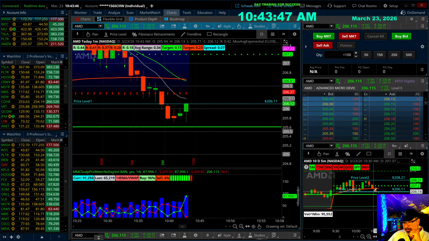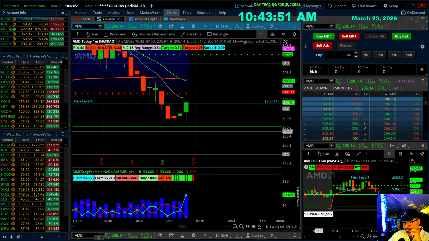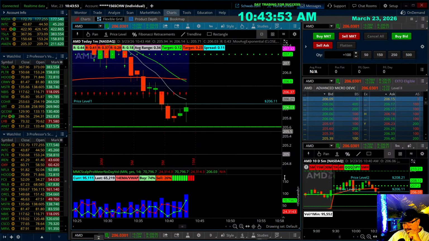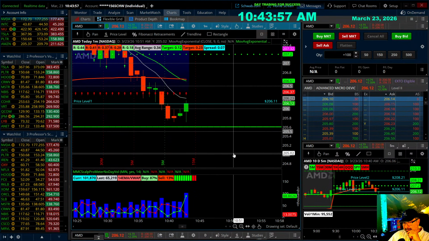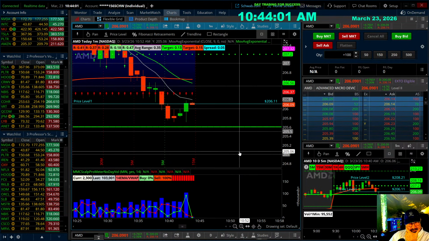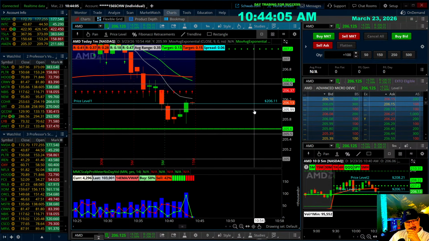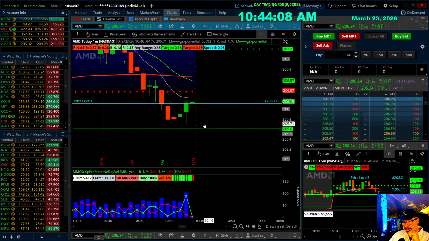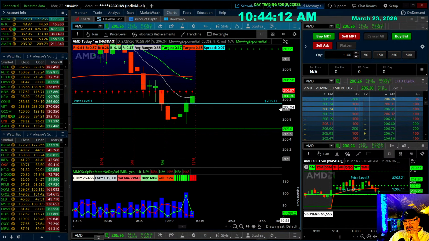Here's your 5-minute. Didn't make a bull flag. It broke the flag. Almost made a teacup. Those are both reversal signs, but they're on a 1 minute, so you can't trust them as much.